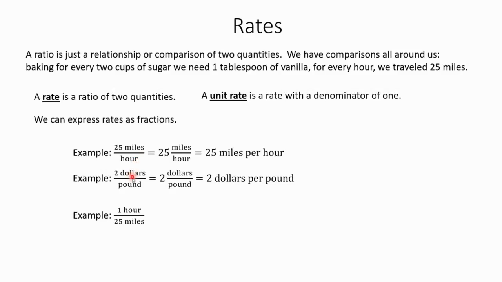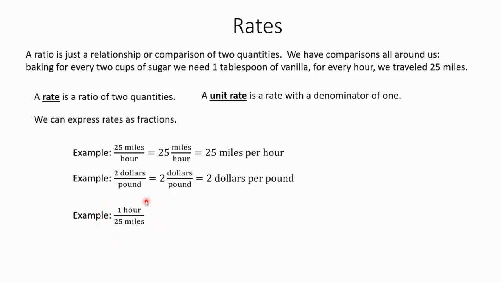We have $2 per pound. In fact, these are special kinds of rates. These are what we call a unit rate. So a rate, again, is a ratio of 2 quantities. In particular, a unit rate is a rate where the denominator is 1.